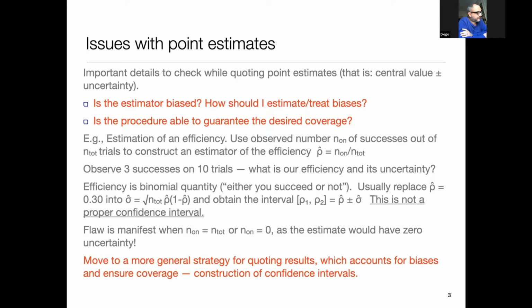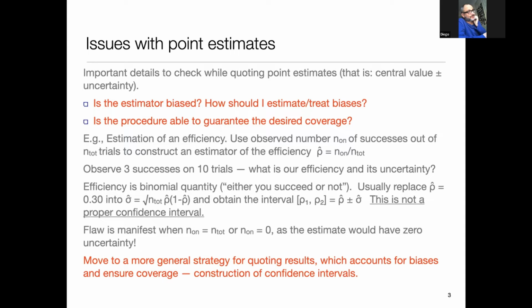Those details are, for instance, if the estimator is biased, how should I treat or estimate the biases? We know that the maximum likelihood estimator is actually biased. Typically those biases are small, but sometimes they're not, especially when the likelihood is not in the asymptotic regime of an infinite number of observations.